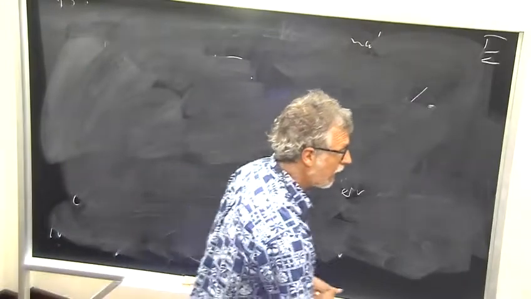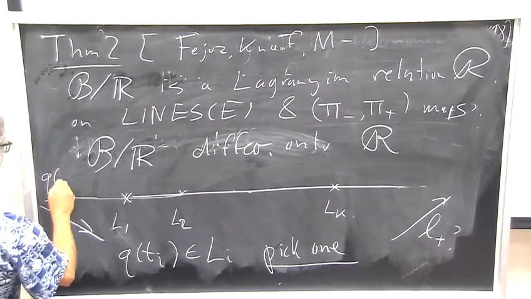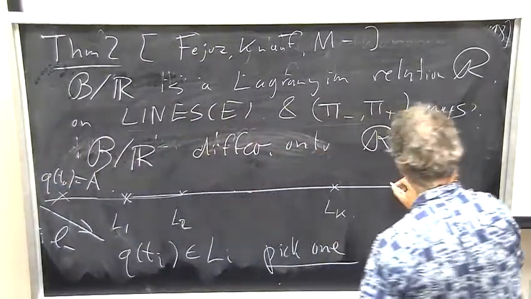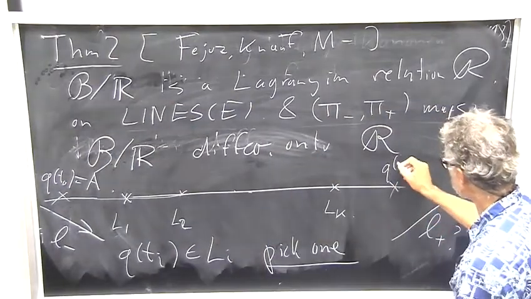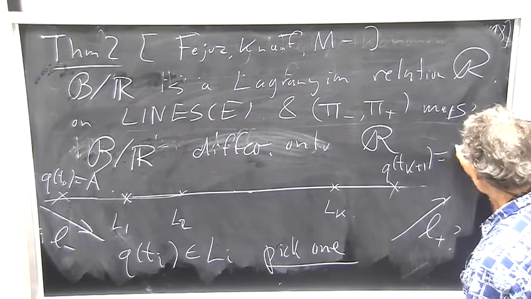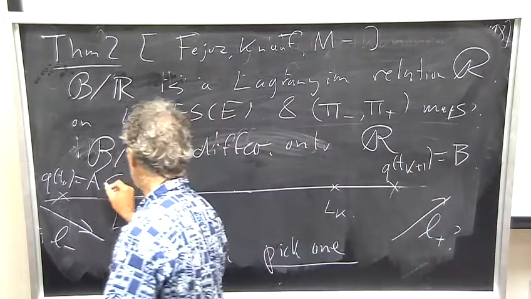Okay, so for the purposes of the proof I'm going to think of fixing a time over here, and I'm going to call it A, and fix a time after all the collisions, and I'm going to call the corresponding point B. So these are non-collision points.